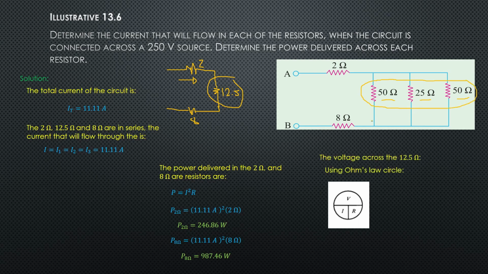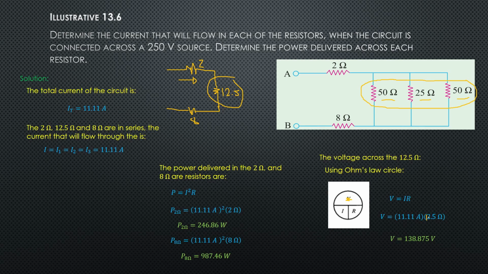So solving for the voltage across the 12.5 ohm using Ohm's law, if I cover V, that gives me IR. So voltage will be equal to IR. So voltage across the 12.5 ohm is 11.11 amperes multiplied by, oops, this is 12.5, sorry.